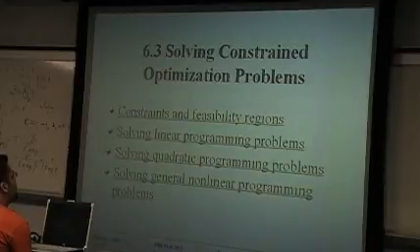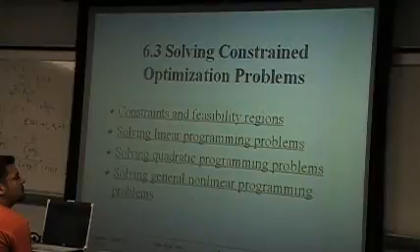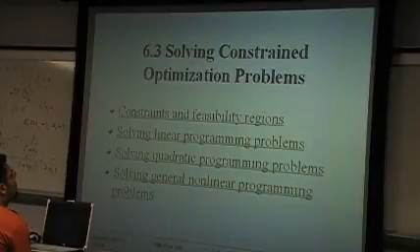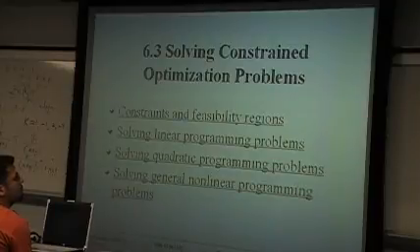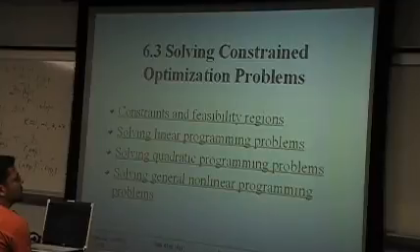Now, let's move on to another topic. How to solve constrained optimization problems. So before that, we want to make it clear what are the constraints and what is the feasible region of feasible solutions. And then I shall discuss something about linear programming problems, and then quadratic programming problems.